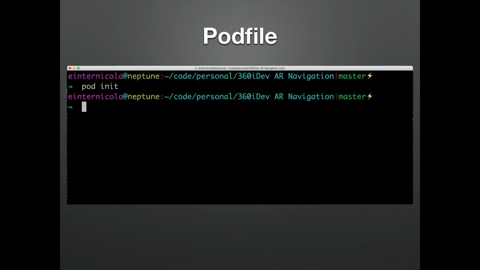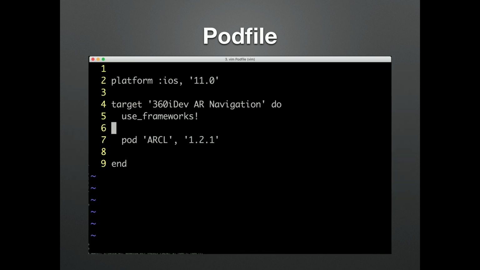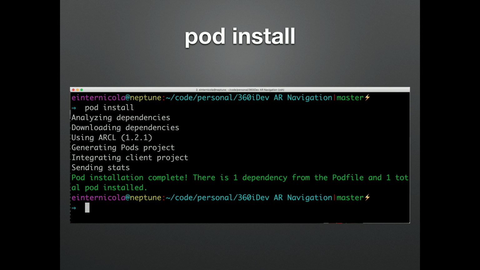Next, we do a pod init, which creates a Podfile for us. Then we edit the Podfile, and what we add is pod ARCL, and the current version is 1.2.1. Then we do a pod install. And that's it. We close our Xcode project, and then we open up the xcworkspace that CocoaPods creates for us.